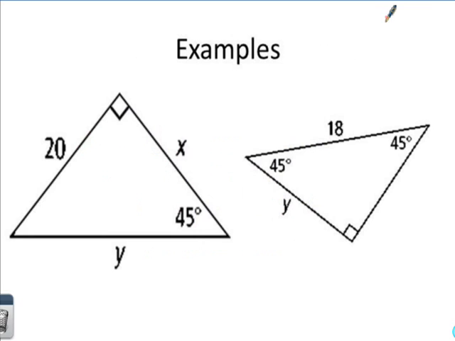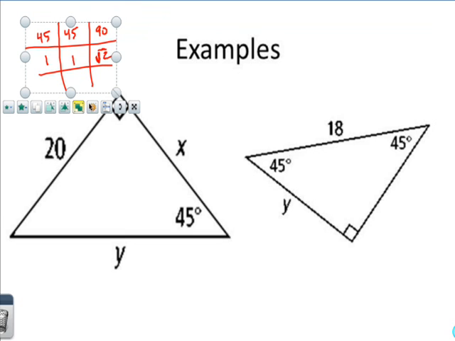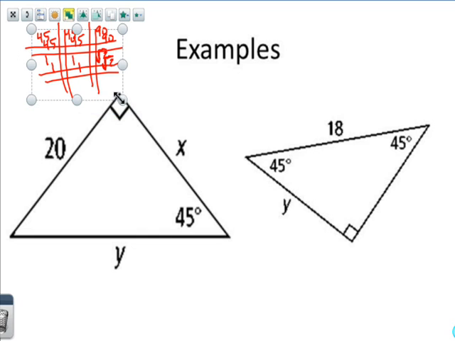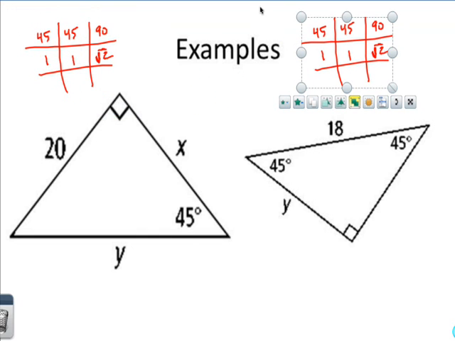I'll show you how we use that right here. For example, on this problem, we could set up this chart. We have 45, 45, 90, and we have 1, 1, square root of 2. We could set it up twice because it's the same chart for both of these 45-45-90 triangles.